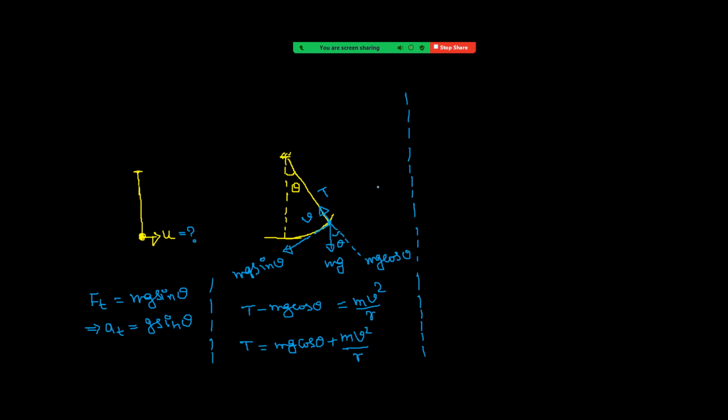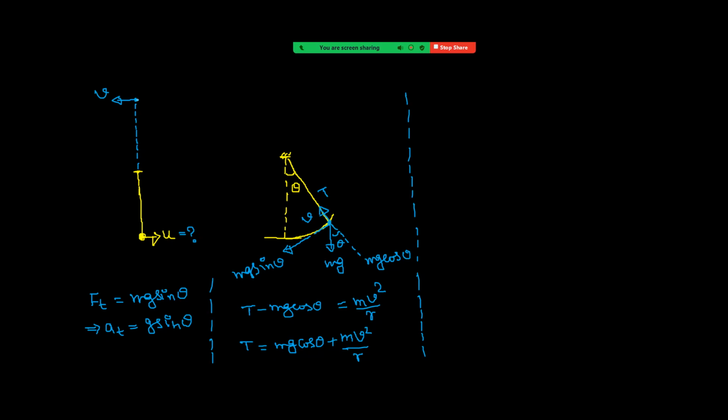Condition one: when the string becomes once again vertical, suppose velocity is v. Just now we discussed that tension is minimum at the highest point. So assume that tension is zero when the string becomes once again vertical.